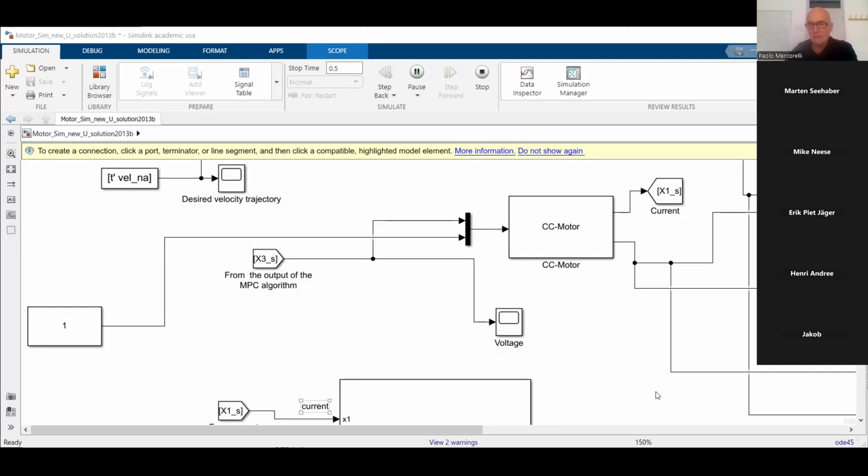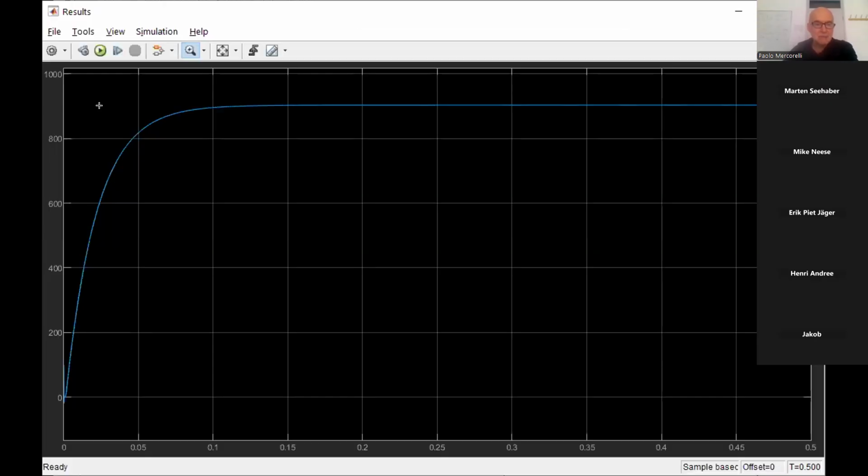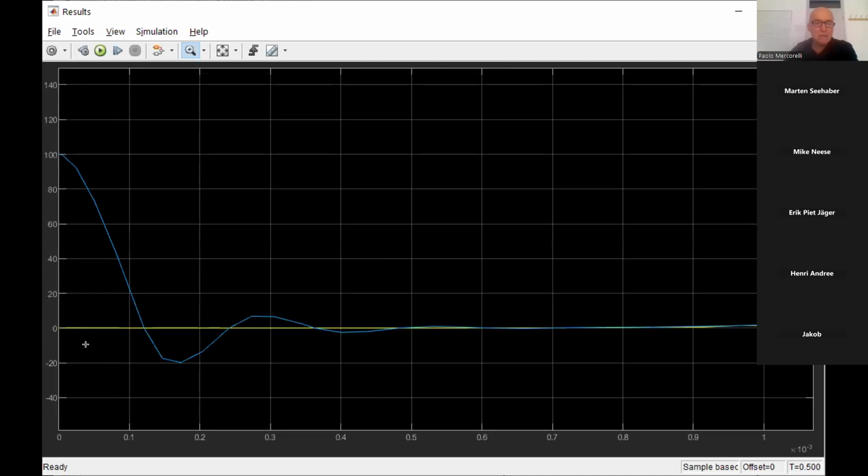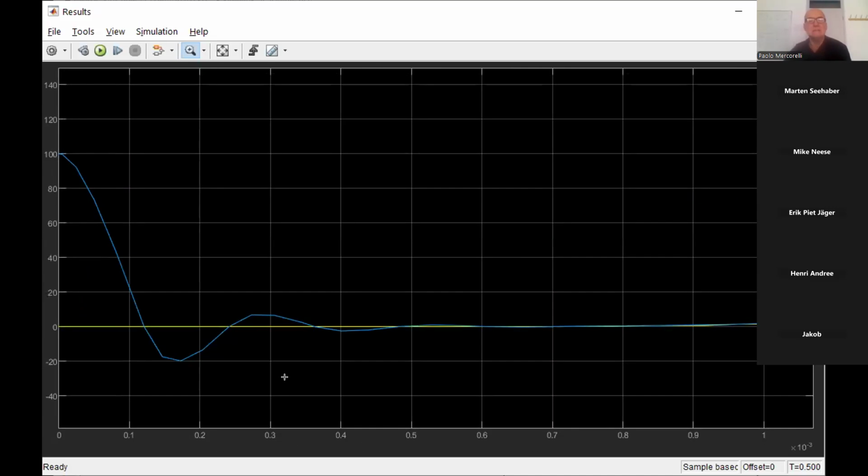It's not bad. Of course, but why is it not bad? Let me show you the results. Yeah, more or less, as before. We can see a little bit more oscillating because nevertheless it is in a feedback structure there.